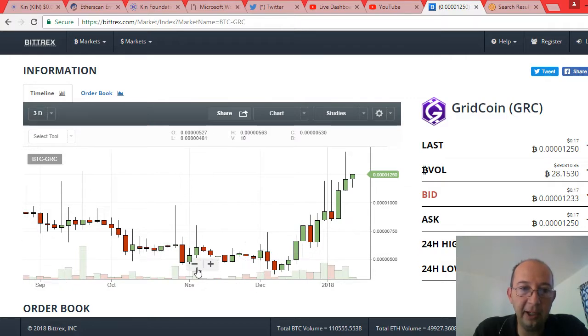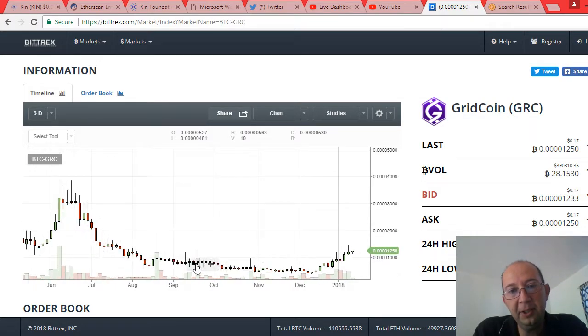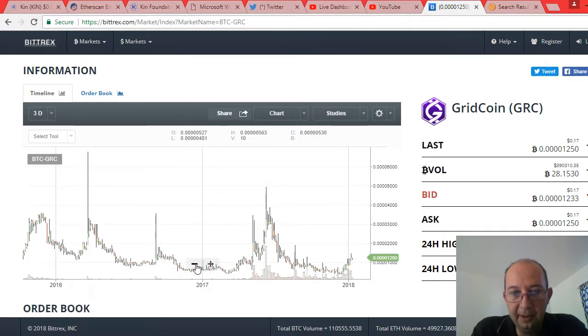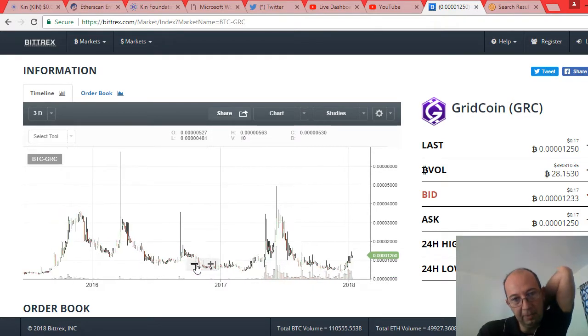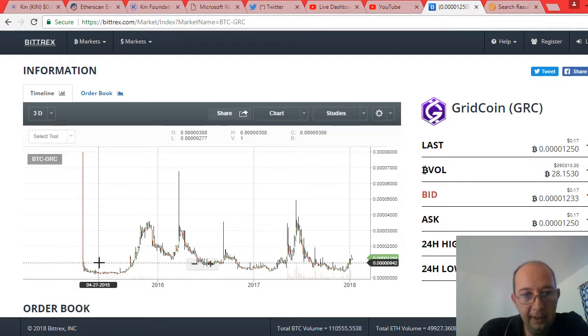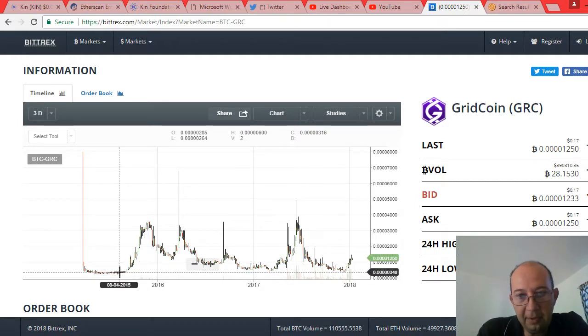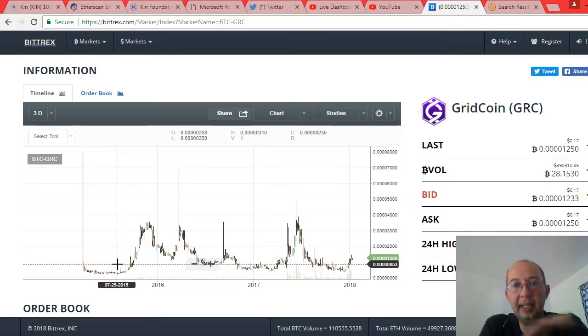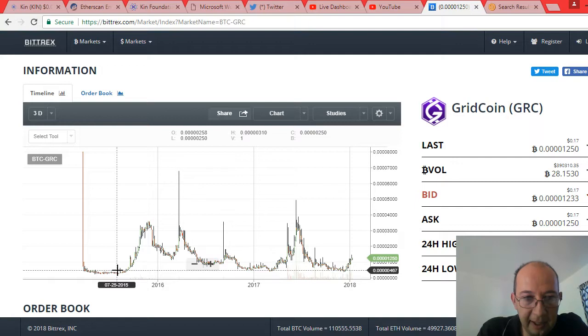Let's go 3-day chart and zoom out a little bit so you can see. This is why I would pick a coin like this. Okay, so here's the rise of something, and you see these markers where I got my little dotted line going across the bottom here, right there.